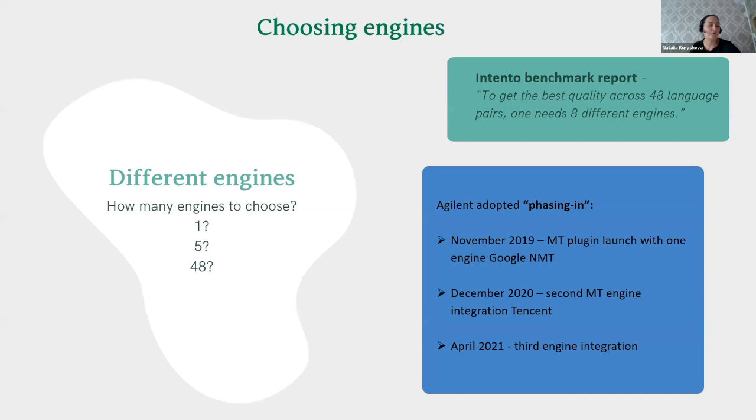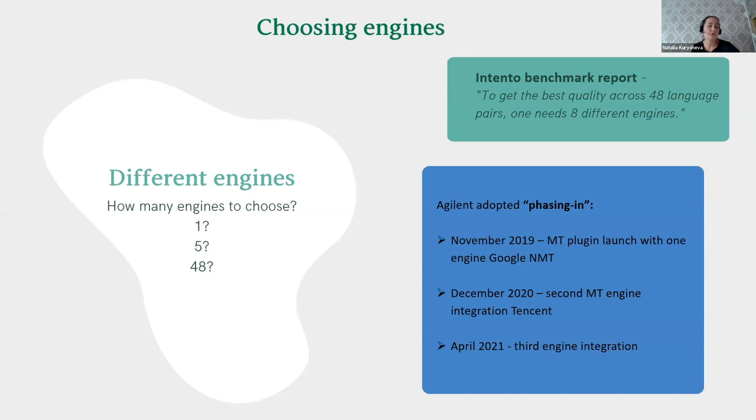So the next step for us was to decide how many engines we want on the back end, right? Actually, the Intento benchmark report says that to get the best quality across 48 language pairs, one needs 8 different engines. And 8 engines for us is a lot to onboard at once.